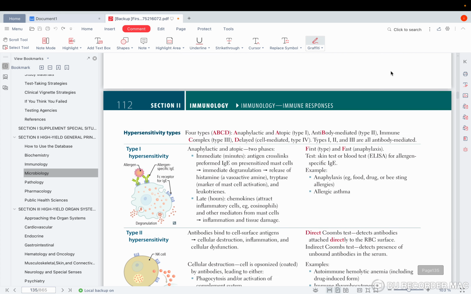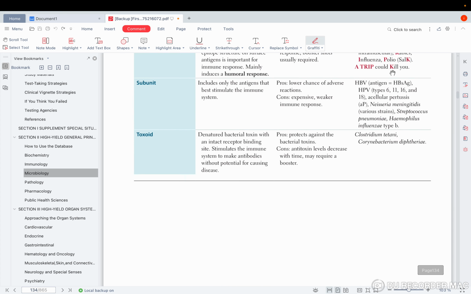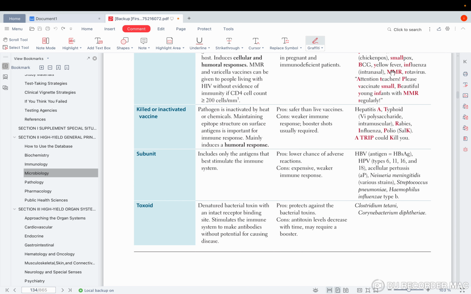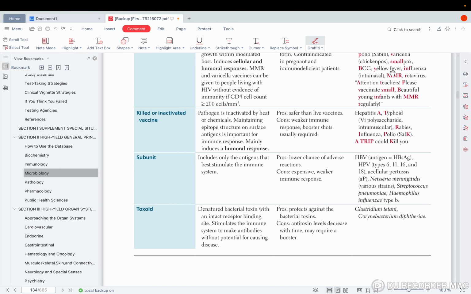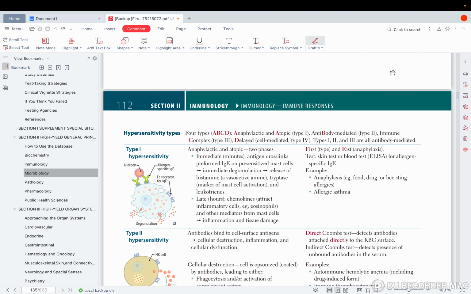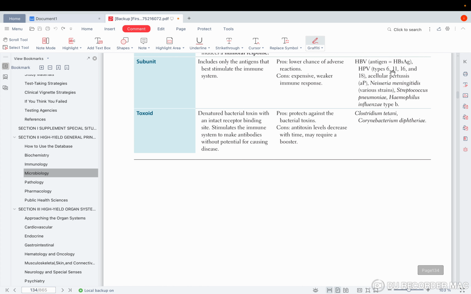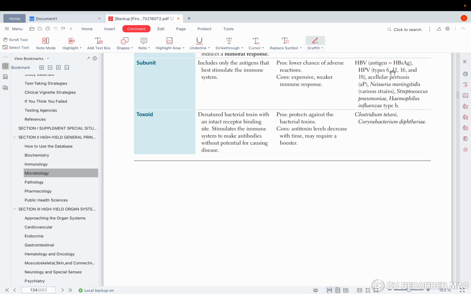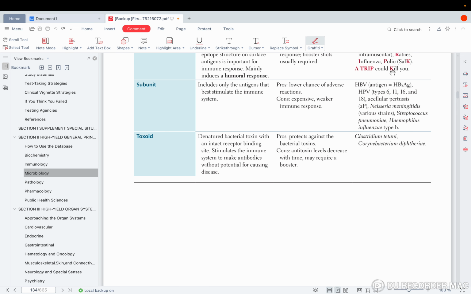Okay, good. So can the HPV vaccine protect against head and neck cancers? Yes, they can. They can protect against head and neck cancer.